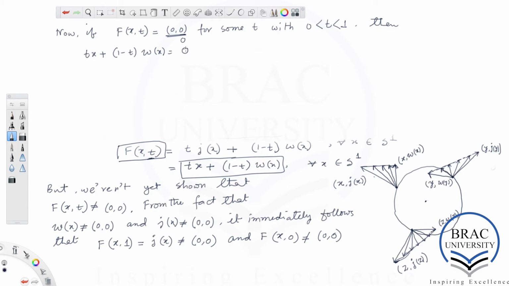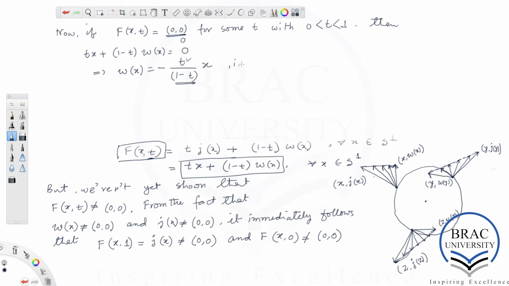So if this is the situation, then it turns out that w of x is equal to minus t over 1 minus t times x. So this guy is positive because t lies between 0 and 1. t is positive, of course, because t is greater than 0. So definitely w of x is a negative scalar multiple of x.